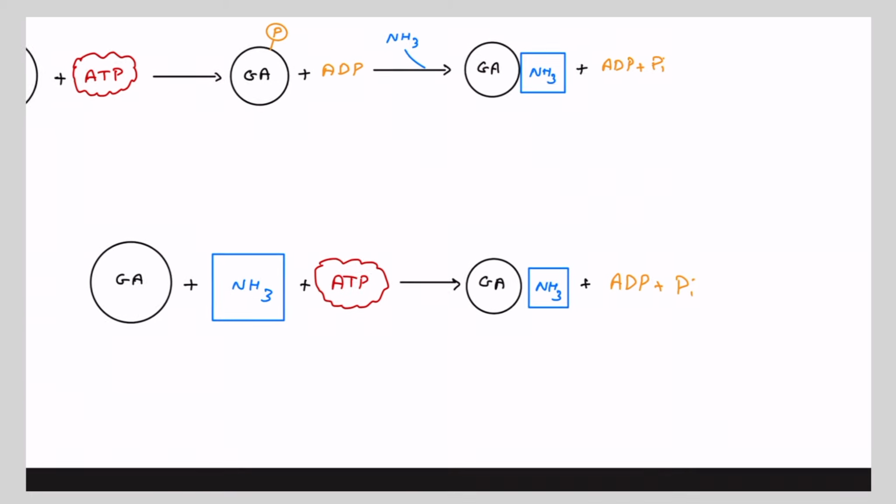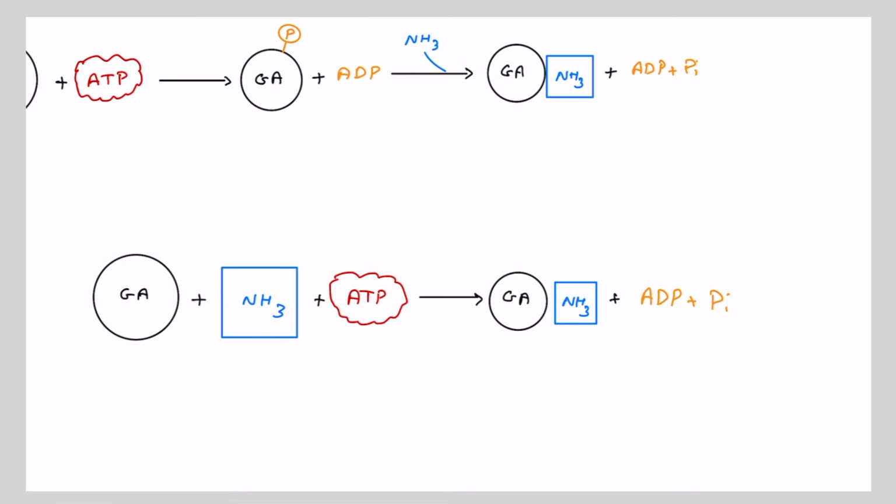Now if we look at this reaction, as we have already talked about, the reaction between the glutamic acid and ammonia that's getting converted to glutamine has a delta G of 3.4.